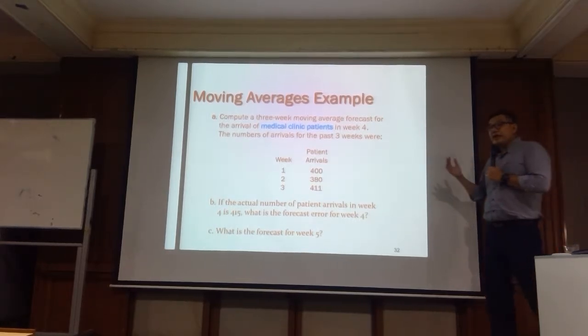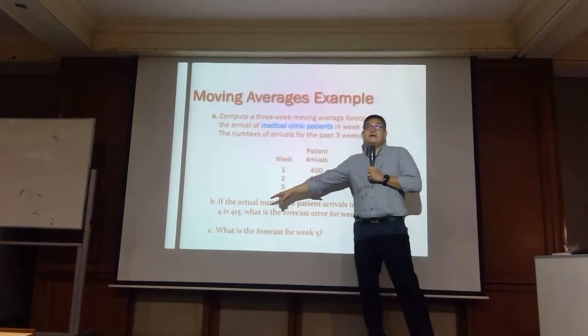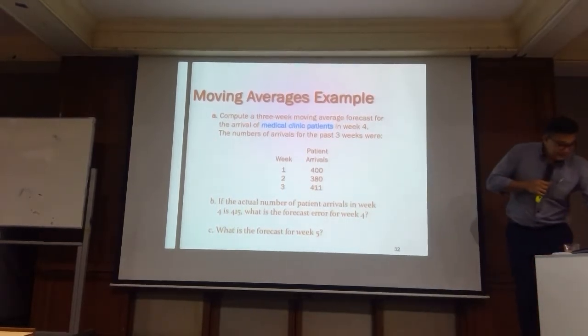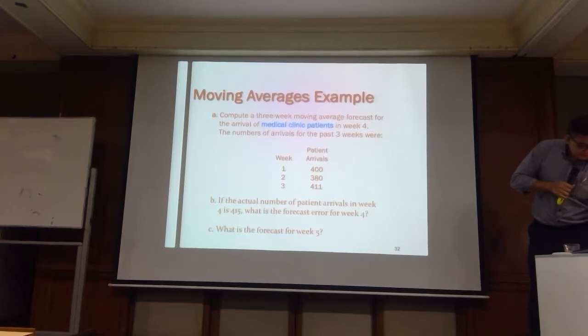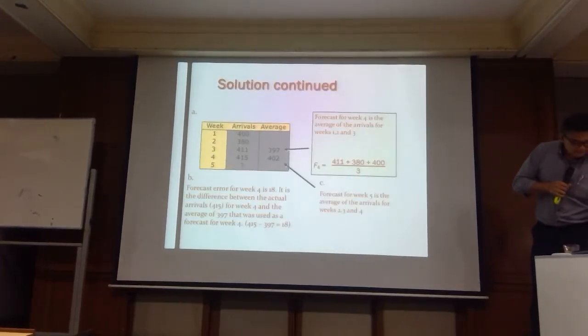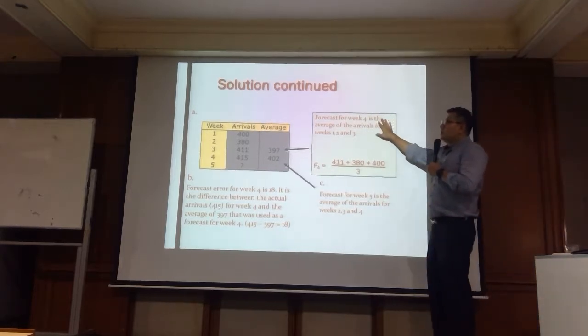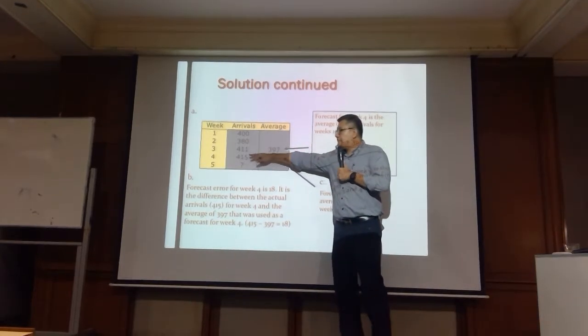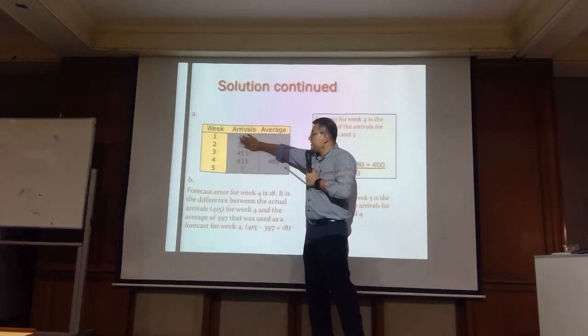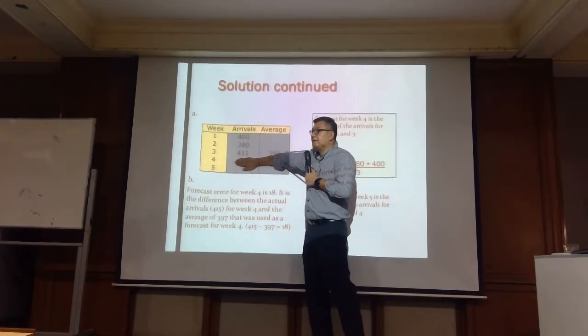We just use the actual value 415 minus the value that you just forecast. For example, here. The first one, we make the forecast for week 4. We don't need this one yet. We have these 3 pieces of information: 400, 380, 411.